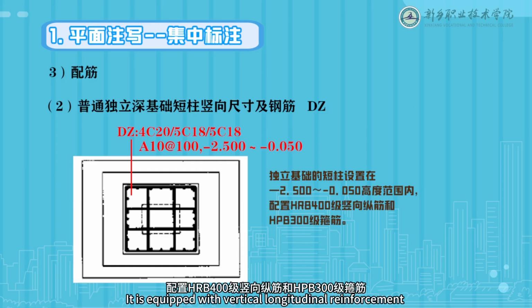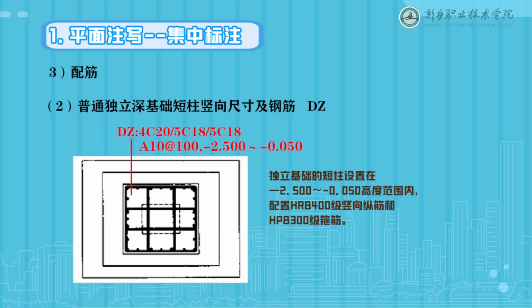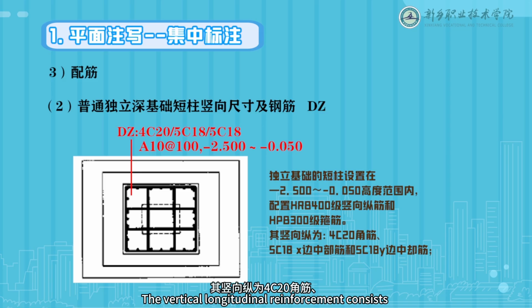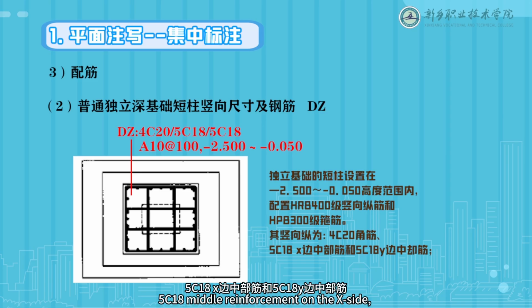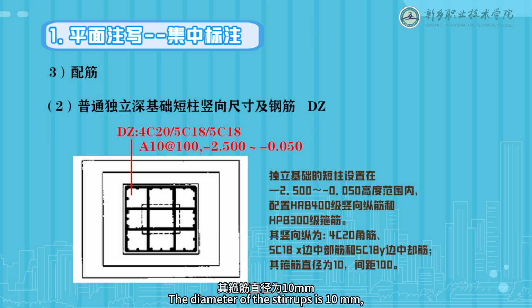It is equipped with vertical longitudinal reinforcement of HRB 400 grade and stirrups of HPB 300 grade. The vertical longitudinal reinforcement consists of 4 C20 corner reinforcement, 5 C18 middle reinforcement on the X side, and 5 C18 middle reinforcement on the Y side. The diameter of the stirrups is 10 mm, with a spacing of 100 mm.